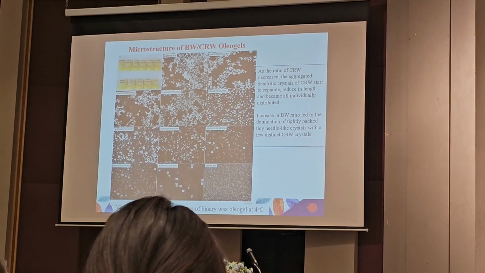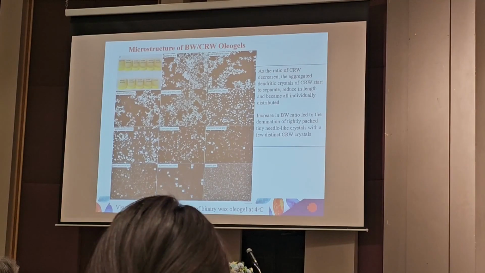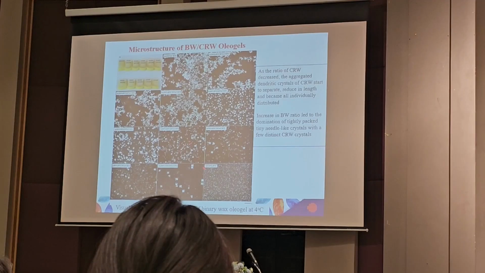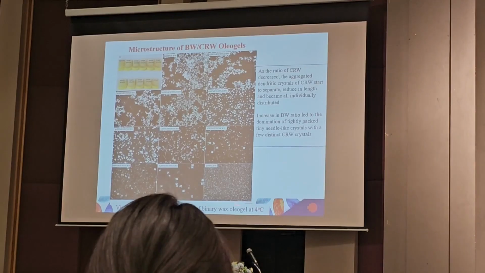These are pretty simple tests, polarized light microscopy. It's showing how these gelators, two types of waxes, carnauba wax, 100% here, and 100% beeswax in here. So you can see that carnauba wax is giving us big aggregated areas, different to beeswax.